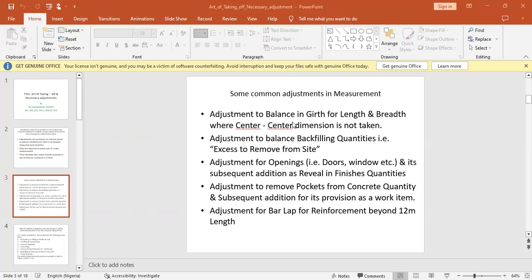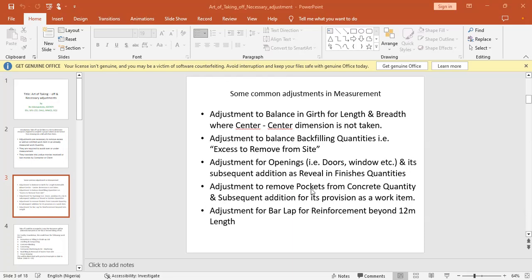Some of them are adjustment to balancing girth for length and breadth where center to center dimension is not taken. Adjustment to balance backfilling quantities, that is excess to remove from site. Adjustment for openings and a subsequent addition as revealed in finishing quantities.